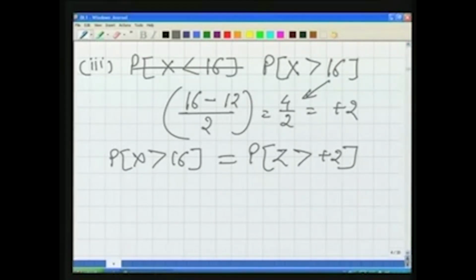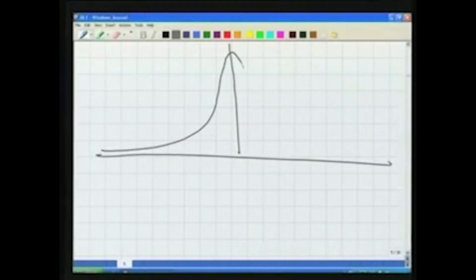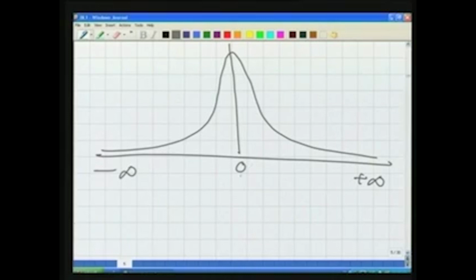If you look at the standard normal curve, I will draw the curve again for you. This is the standard normal curve, from minus infinity to plus infinity, and this value is 0. If this is the standard deviation, it is 1 and 1.